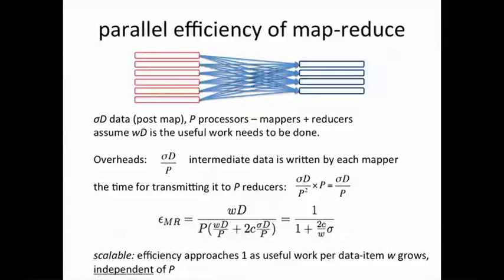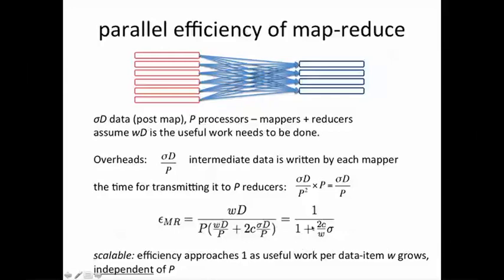In particular, if sigma ends up being dependent on p, then our statement here that efficiency is independent of p no longer holds. So be careful when computing this expression. Sigma is quite likely to be dependent on p, even though the expression hides that dependence.